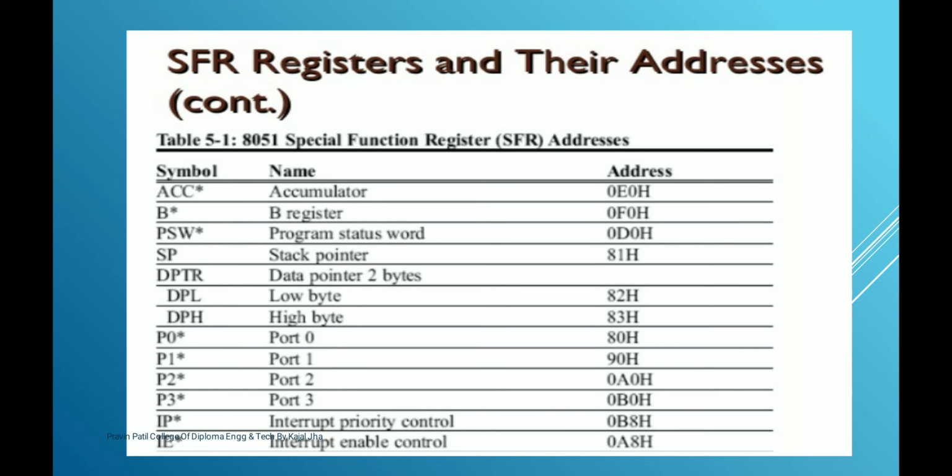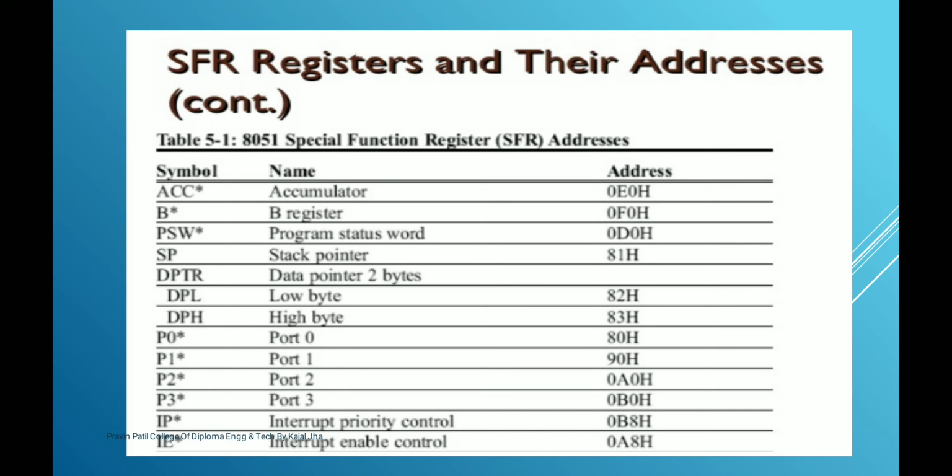It means that if an instruction contains these symbols, like MOV P0, or MOV P1, or MOV DPTR, and you call it by its address instead, it is also the same.